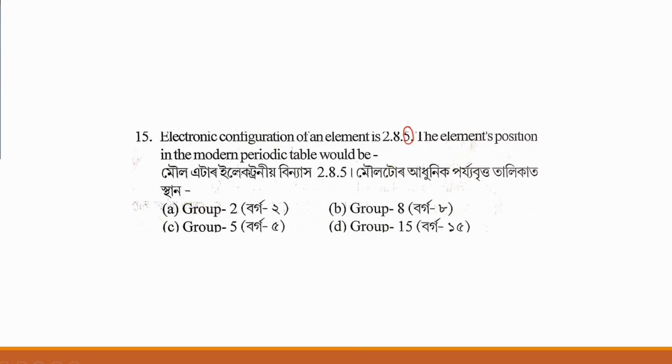In the modern periodic table, how is the group number determined? The group number is determined by the number of valence, that means outermost, electrons. Elements with 5 valence electrons are always placed in group 15, or group 5A in the older notation.